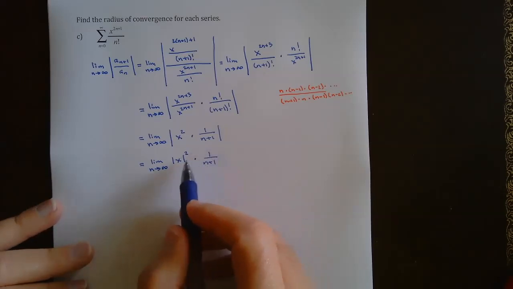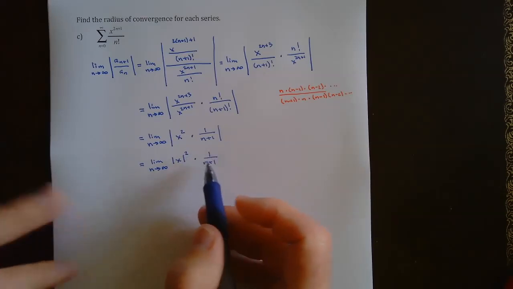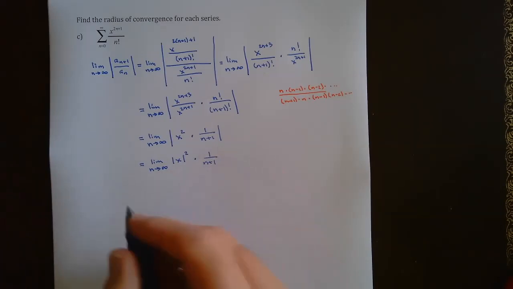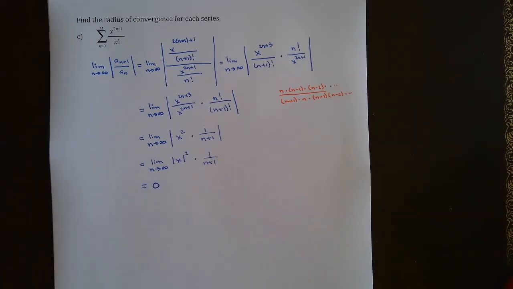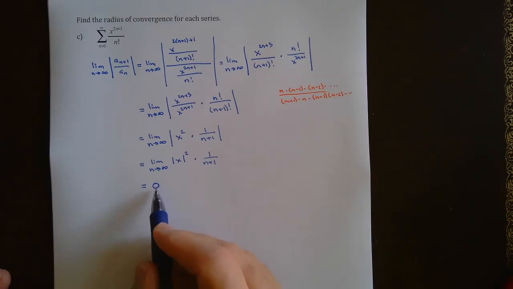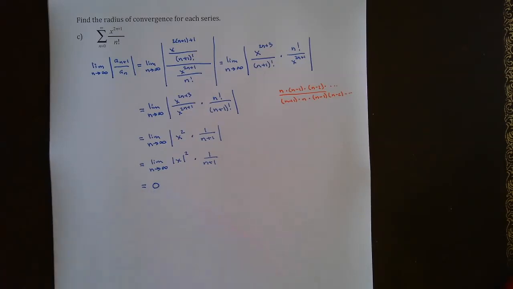So we have 0 times the absolute value of x squared. Well, anything times 0 is going to be 0. So this is equal to 0. So what does this tell us, right? What the heck does this tell us? It's 0, right? Well, what do we know? If this limit is less than 1, then that tells us that this series converges, right?